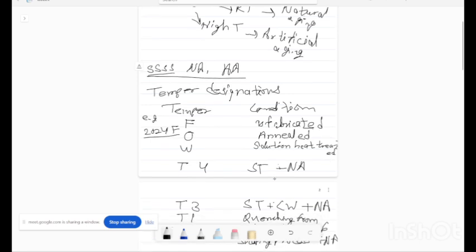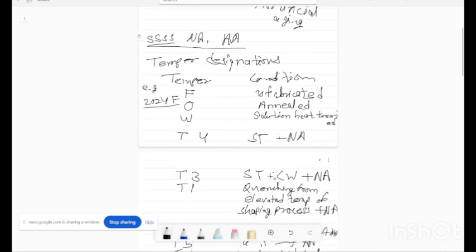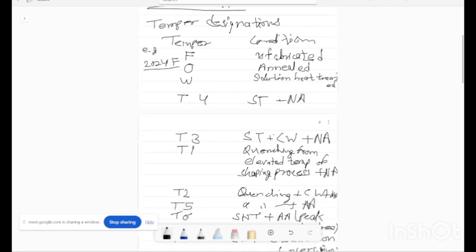If the temper T is followed by a digit, it means other treatment also with the solution treatment. So T4 represents the solution treatment with natural aging. T3 represents the solution treatment plus cold working plus natural aging.